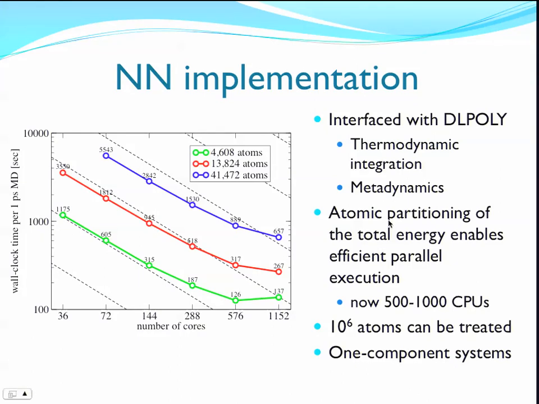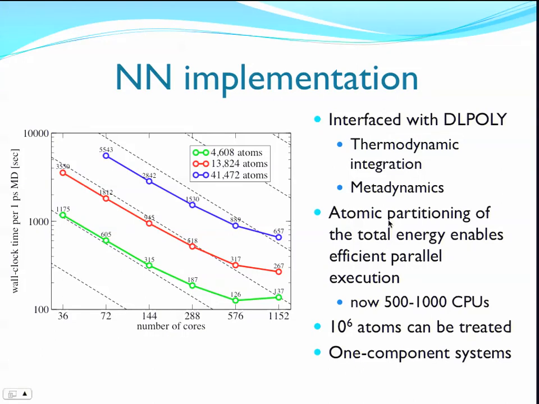In the second version of the code, we were able to scale to approximately 100 CPUs. After 2 years of work, we managed to make it scalable to approximately 500 to 1,000 CPUs.